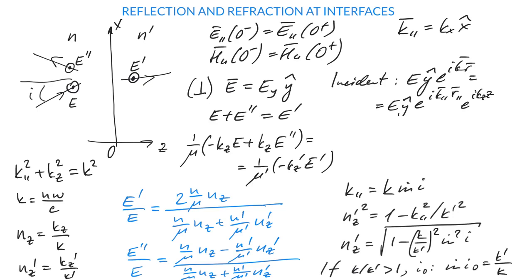You can take the Fresnel equations, derived usually under the assumption that all the wave vectors are real, and simply use nz prime instead of the cosine of the corresponding angle. That would be the angle of refraction in this case.